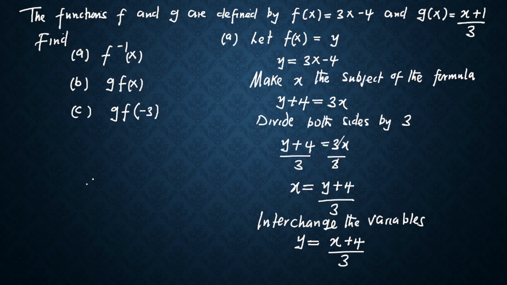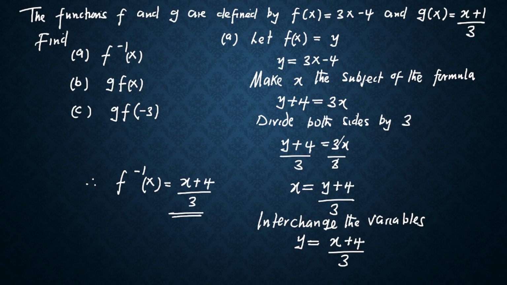Therefore, we can summarize by saying the inverse of f of x is equal to (x plus 4) over 3. We are done with the A part. We can now go to B.